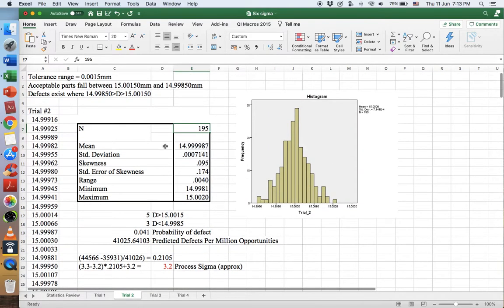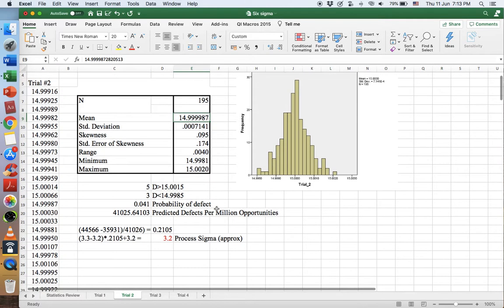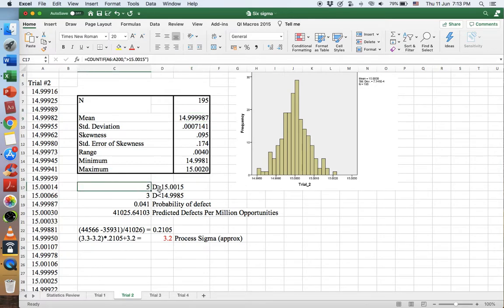Our customer will not take it, right? So we're tightly grouped around the mean, basically. We have a pretty well structured distribution here, but we do have some defects.